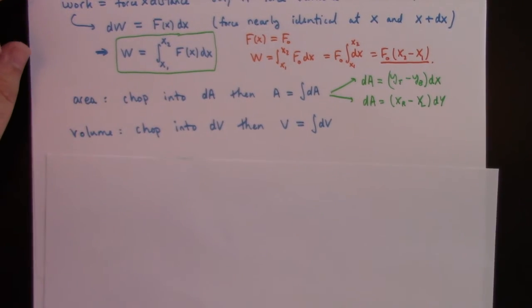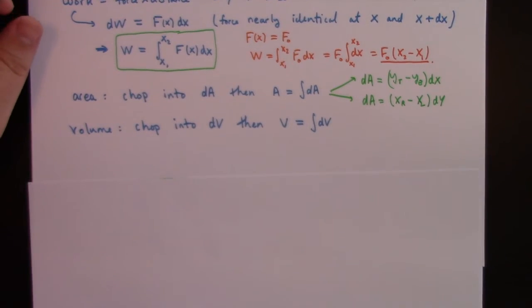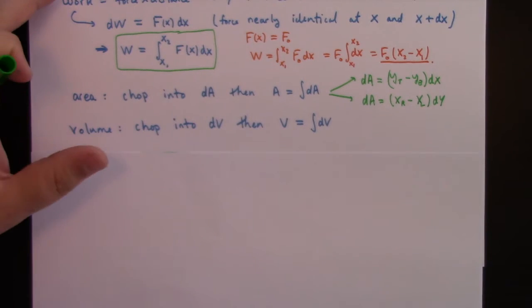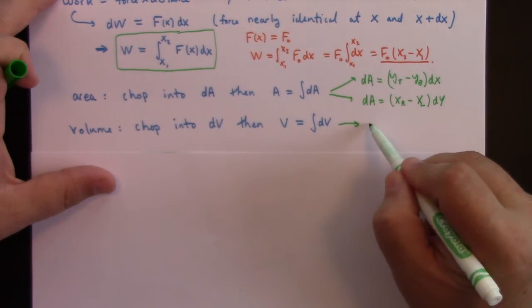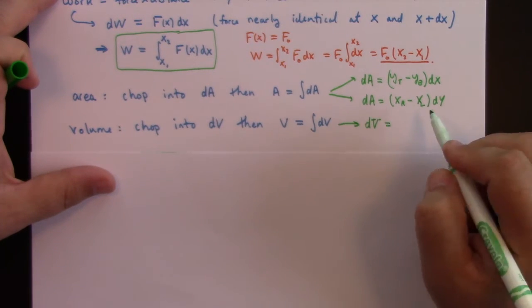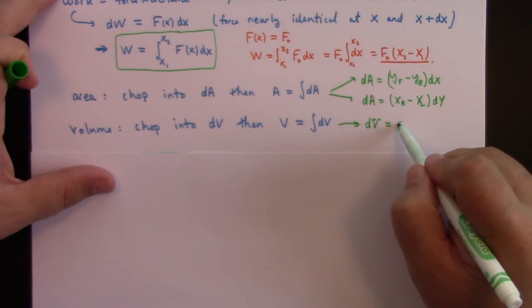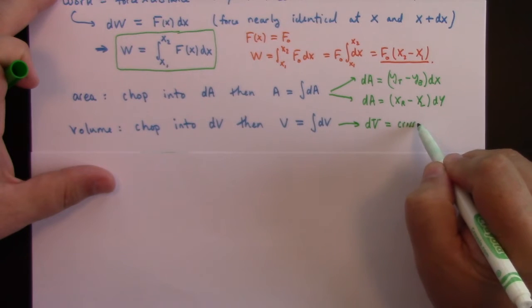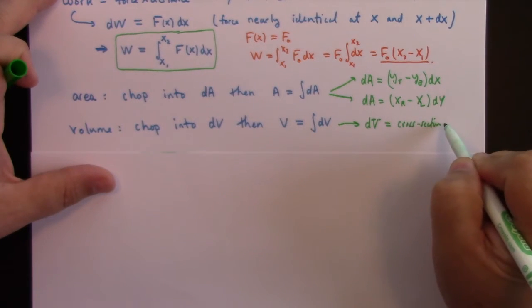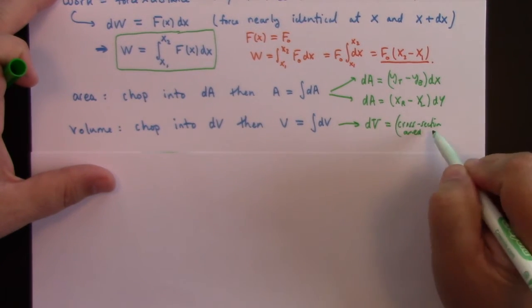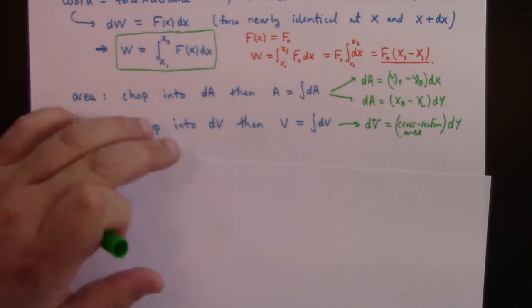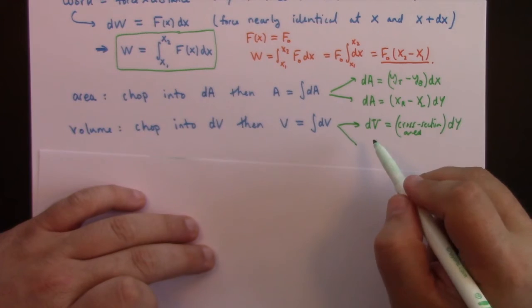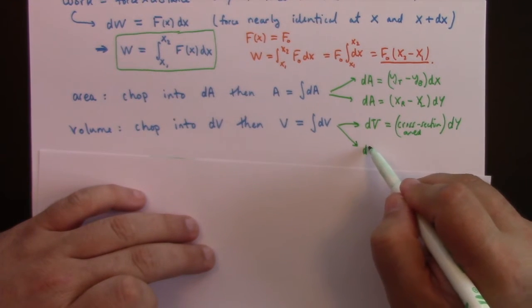And then volume, which is what we're about to get into, you chop the volume into little dV's that you understand, right? So there's a couple different things. Either you have dV is the typical cross-sectional area times, say, your dy, or you might say dz if you want to think about three dimensions.